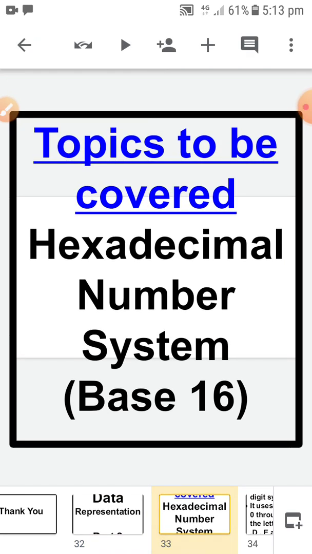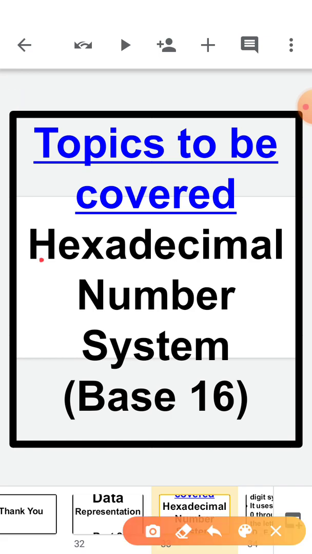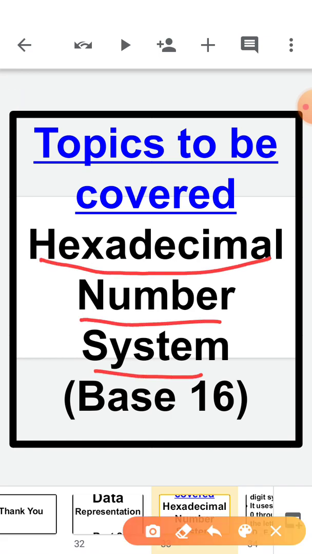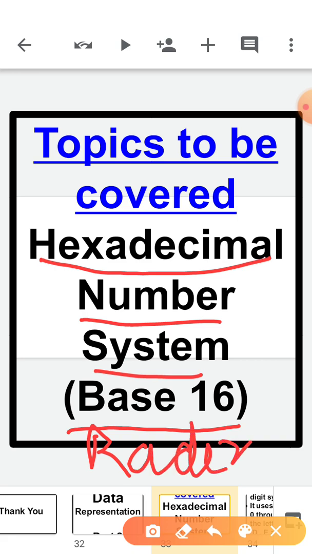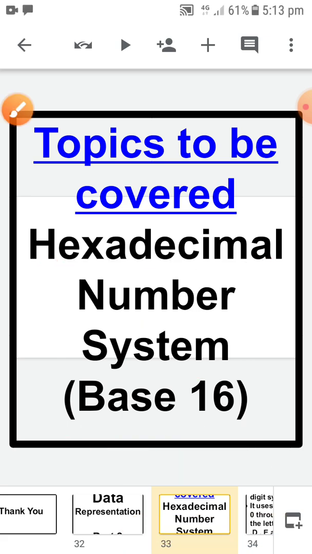Today we are going to discuss the hexadecimal number system. In the hexadecimal number system, children, we use base 16. I told you previously also, instead of base we can use the word radix. Okay, understood? So let's see what is there in this.